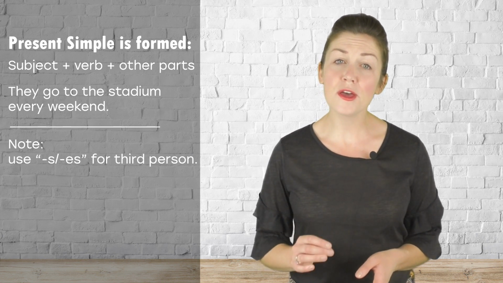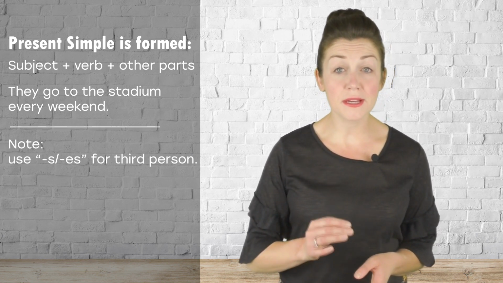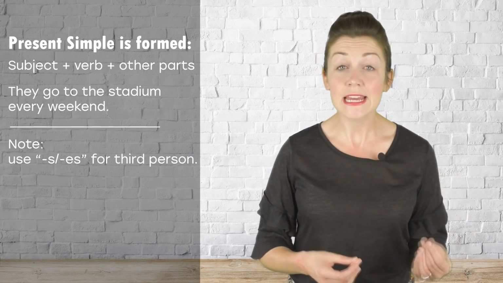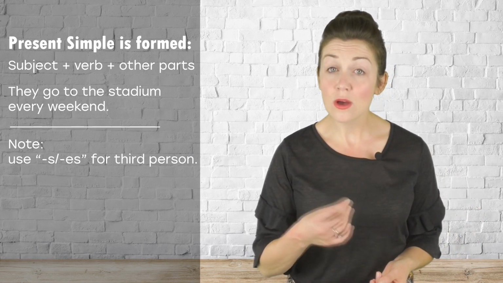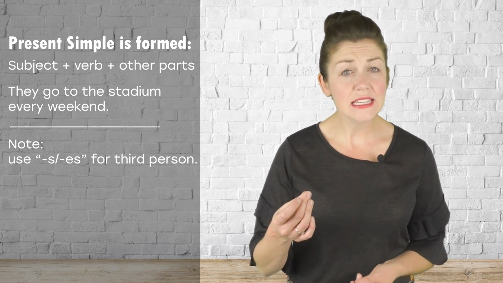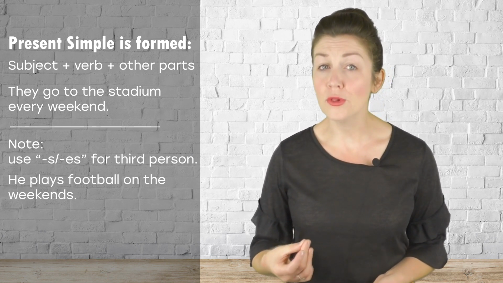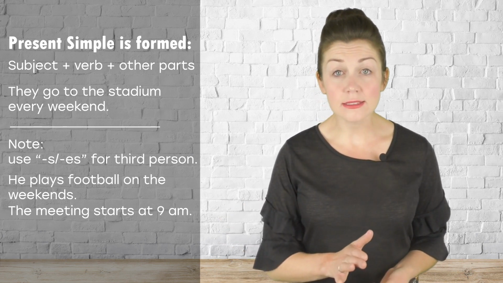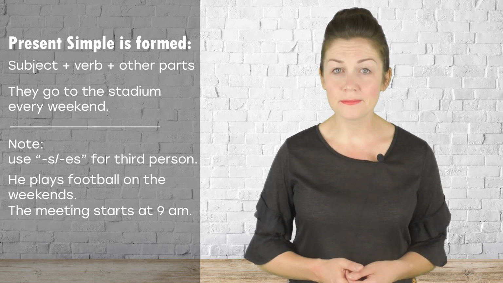Note that when the verb is in the present third person singular, for example he, she, it, we add s or es. Do you hear the s? He plays football on the weekends. The meeting starts at 9 AM.